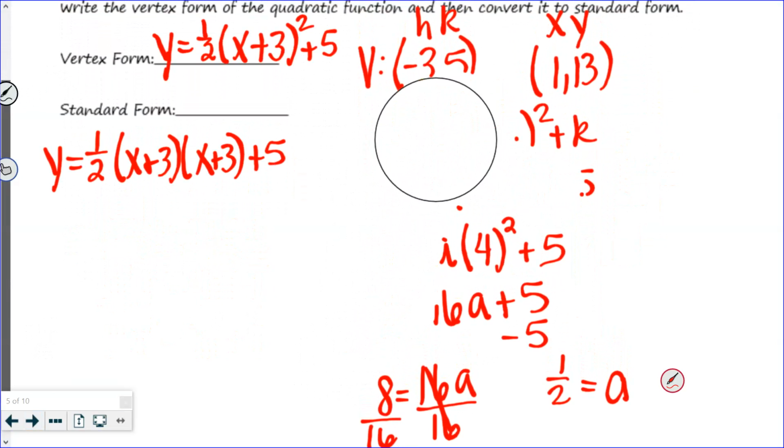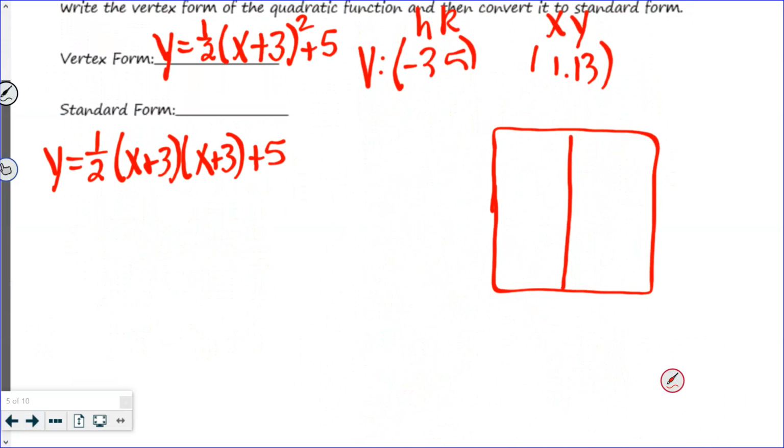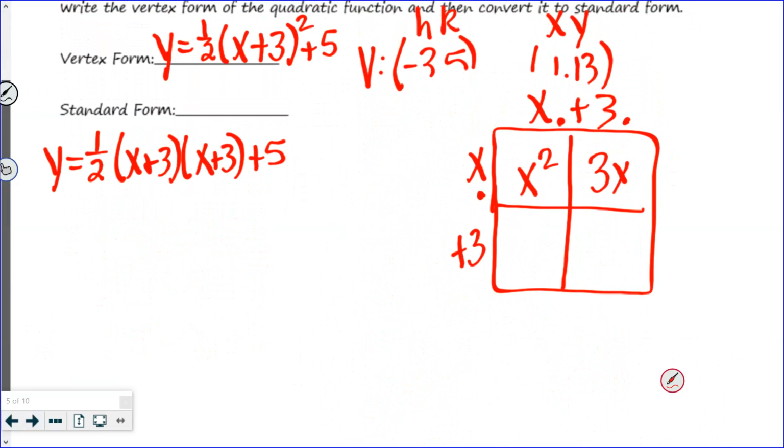Let's make some room here to make our box. So x times x is x squared. And then this x times 3 is 3x.